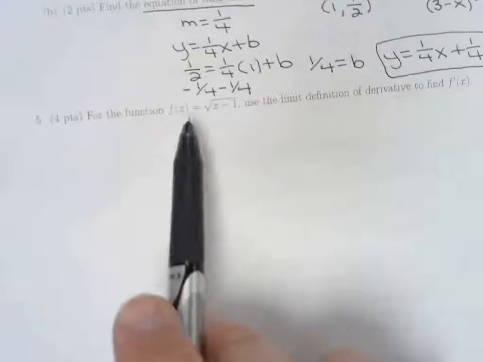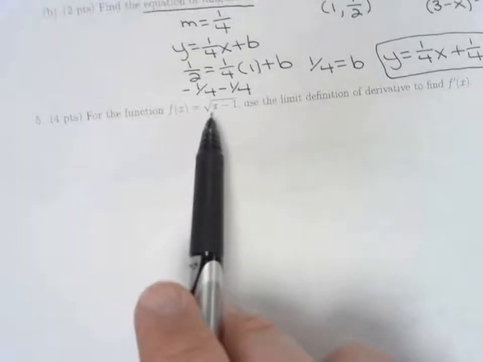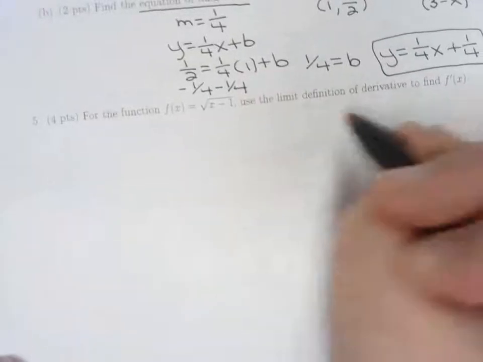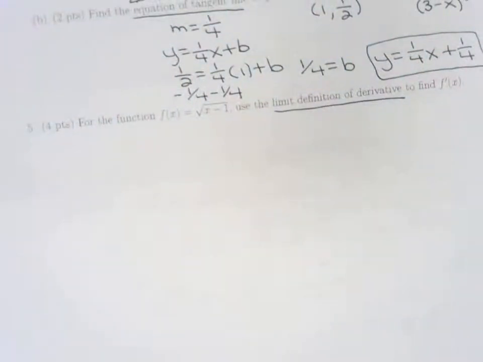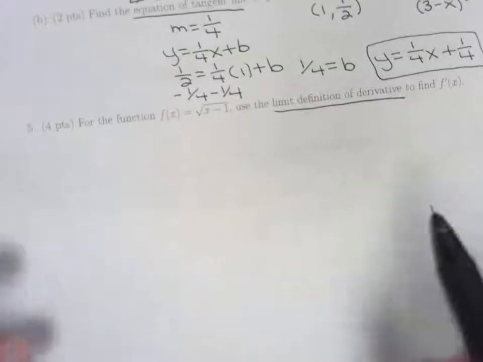So let's look at 5. Same idea. For the function f of x equals square root of x minus 1, use the limit definition of the derivative to find f prime of x. This is not f prime of 1 or 2 or 3, so we're just finding the derivative, not plugging anything in, unlike number 4.